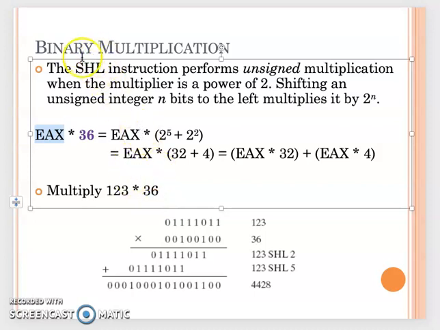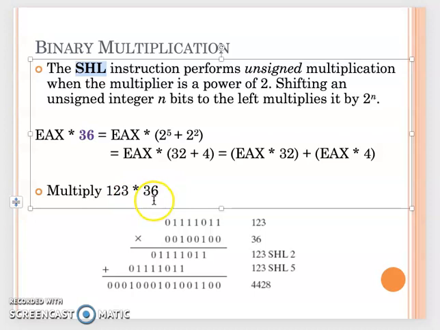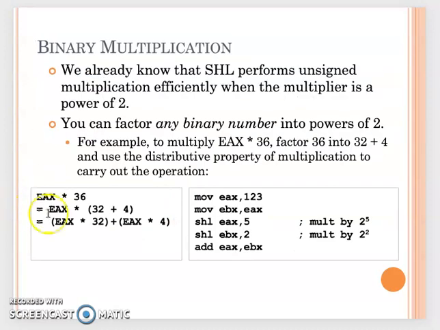So for binary multiplication, no matter what value you want to multiply, we can break it down into multiple SHL instructions. For example, how should I do the 36? I have EAX with the original value.